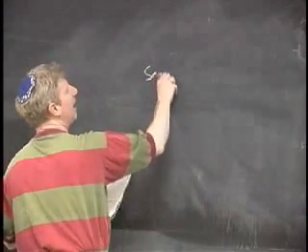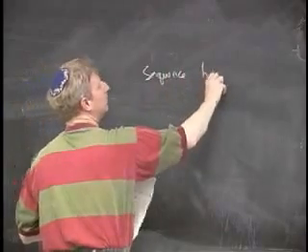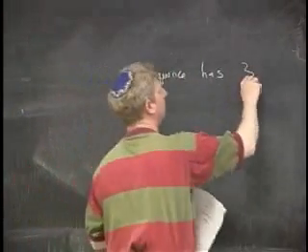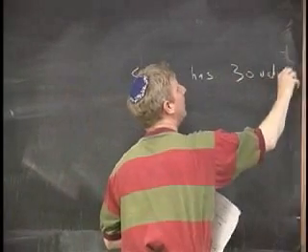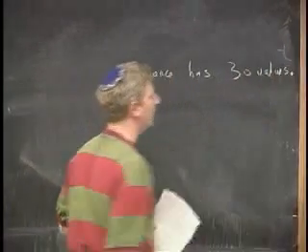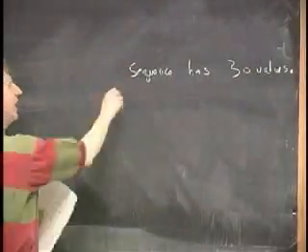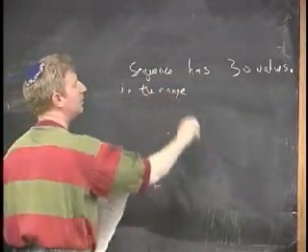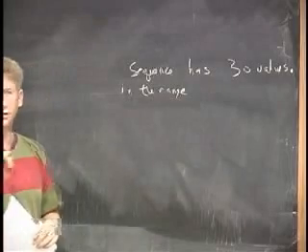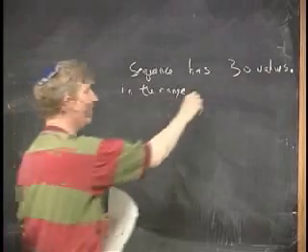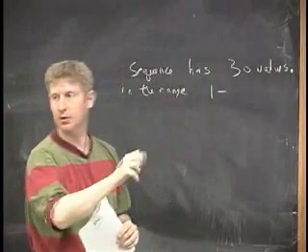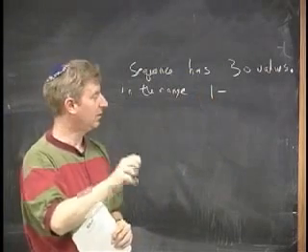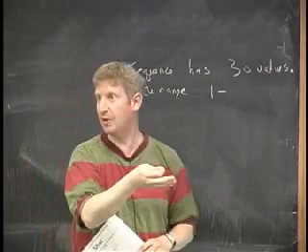The sequence has how many values in it? 30 values. What's the range of values? The smallest it could be is 1, and the biggest it could be is 45.